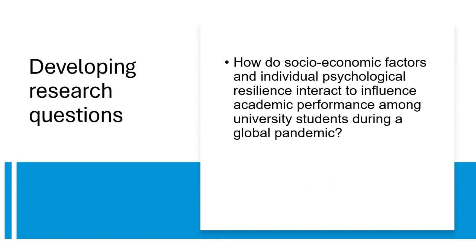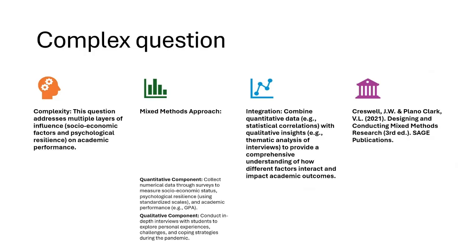So now you can see that there are socioeconomic factors, and then also a specific look at the individual psychological resilience and their interaction to influence academic performance. So you can already see the complexity of this one research question, which has multiple aspects that it would require to address. There are multiple layers of influence: the socioeconomic factors and the psychological resilience on academic performance.